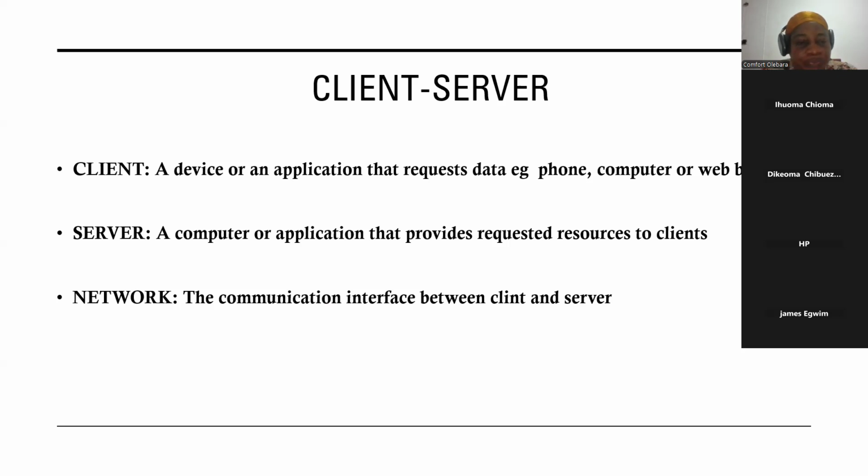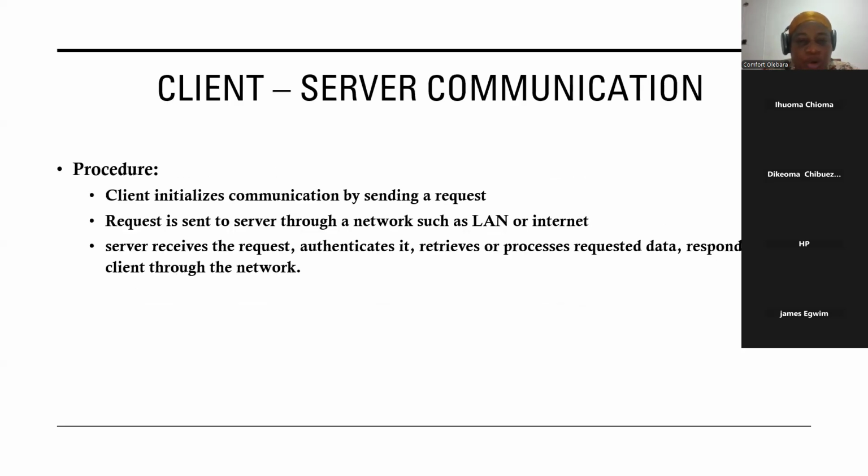Now with the procedure, we mentioned that client-server communication follows a three-part sequence. The client initializes the communication by sending a request. Then the request is sent to the server through our network, such as the internet or a LAN.